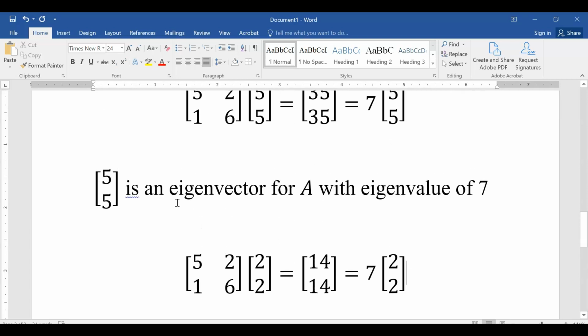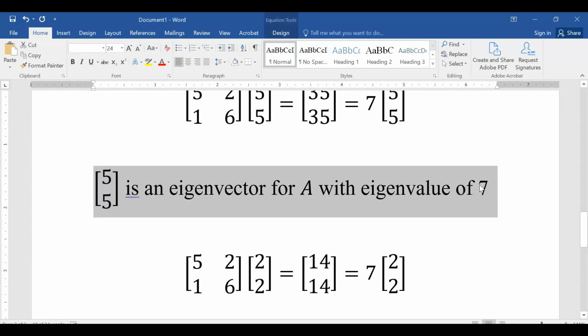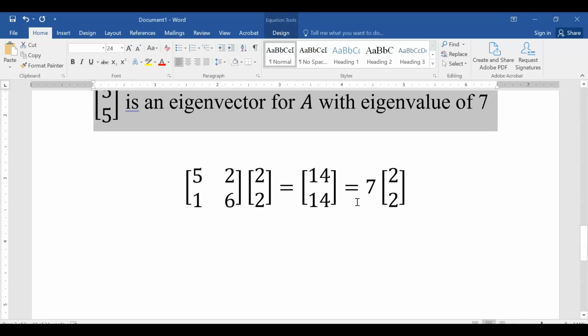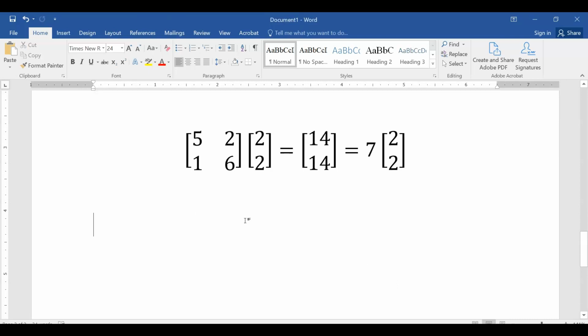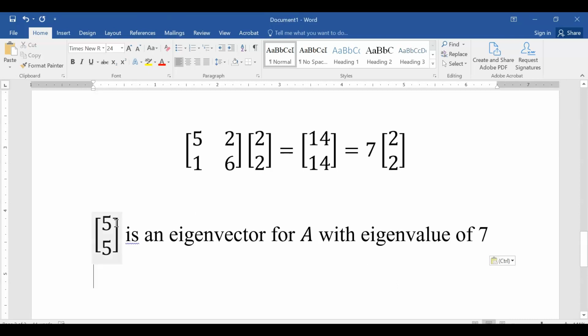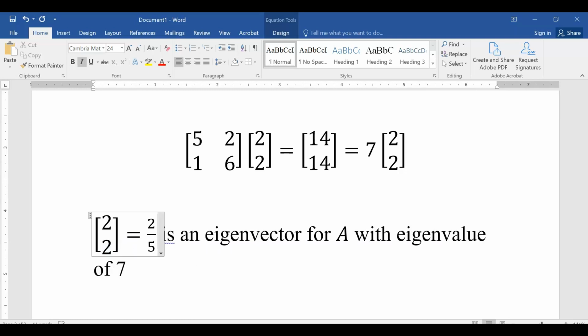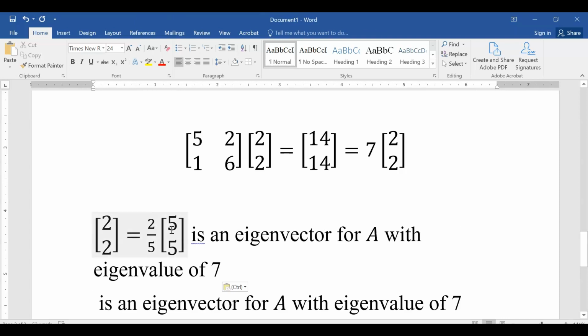Now, 5, 5 was also an eigenvector whose eigenvalue is 7. And if you observe, 2, 2 is actually just some multiple. It's 2/5 multiplied times the vector 5, 5.